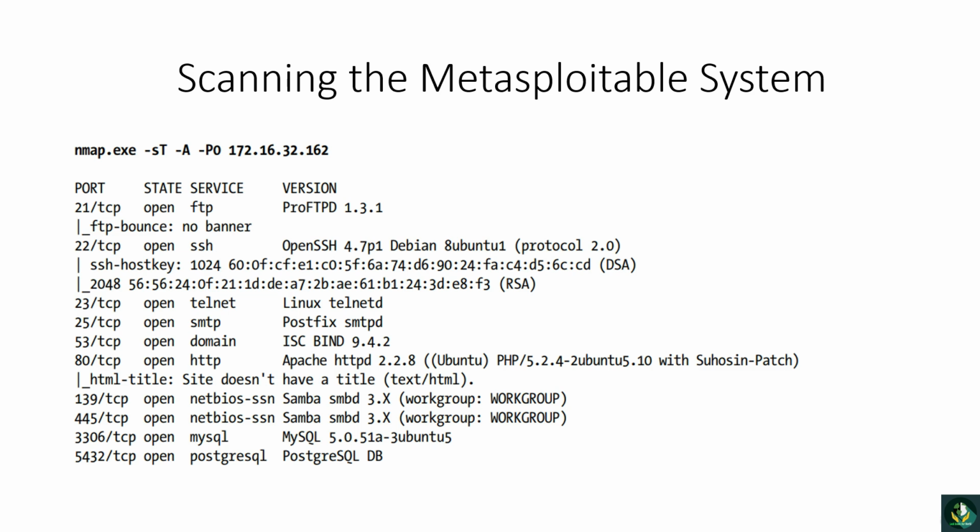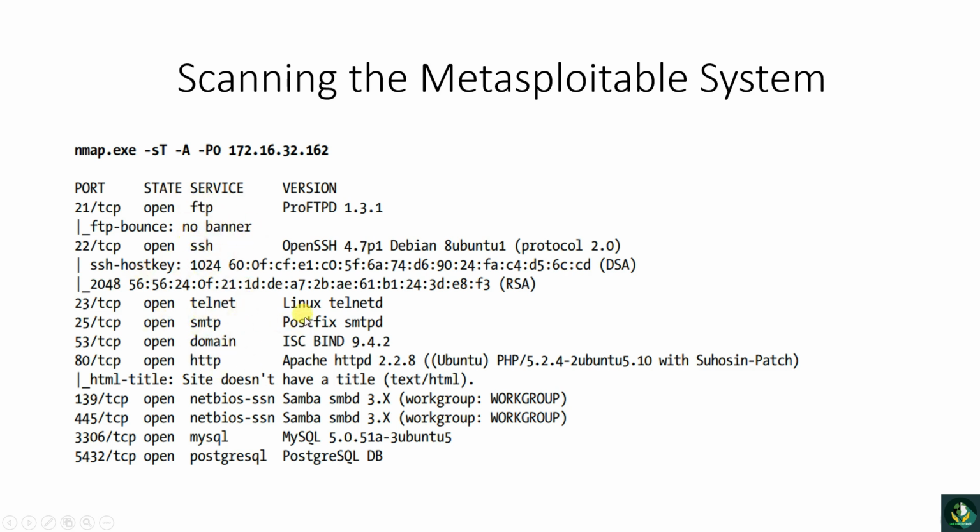So let's begin with a basic port scan. As you can see, very easy. You can just type nmap.exe, then select your IP address and the port. As you can see, most of the ports are open. Couple of them are HTTP, couple of them SSH and Telnet.